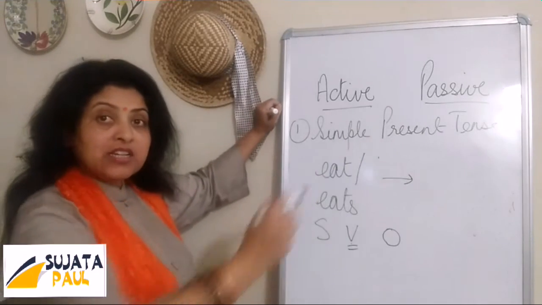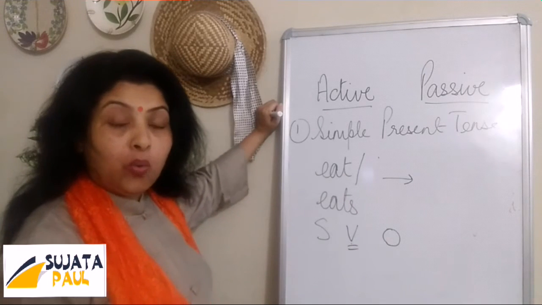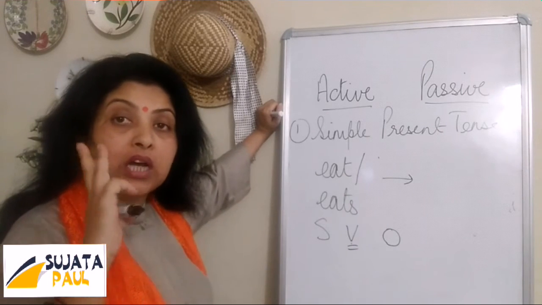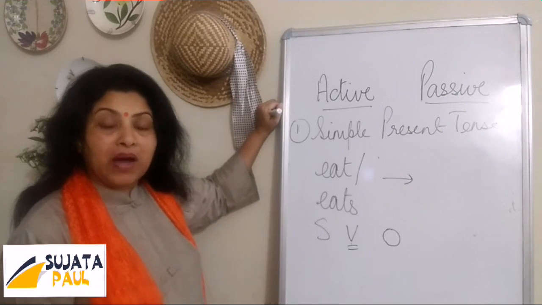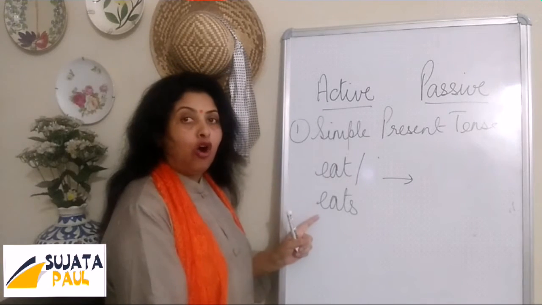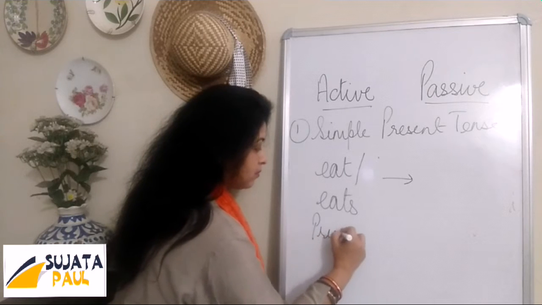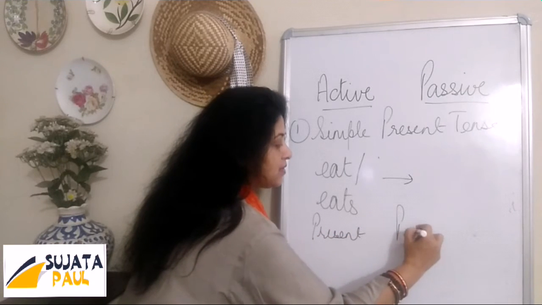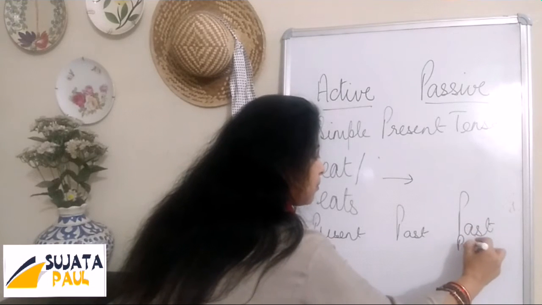And when I change it into passive voice, this will change always into the third form of the verb, which is known as the past participle. So what is the past participle of eat? Present tense, past tense, and past participle.